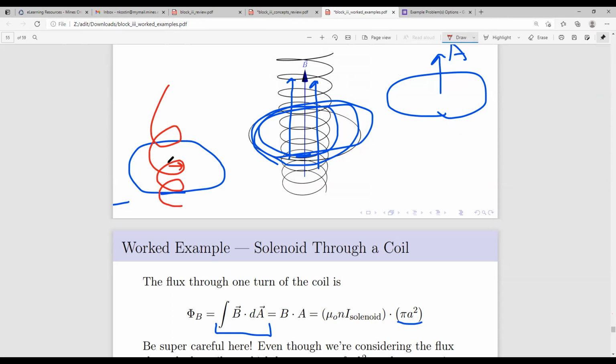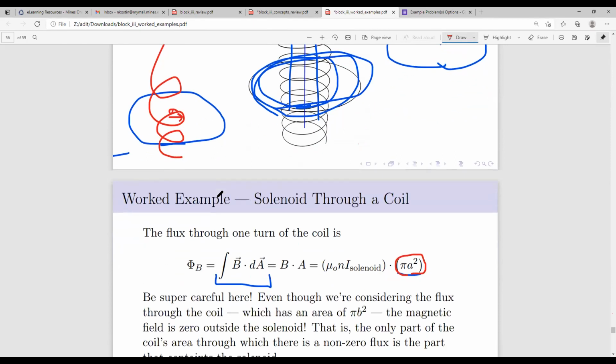I guess it's the area of the solenoid, the cross-sectional area of the solenoid, and the solenoid had radius A. So the area that I care about is pi A squared, even though the area of the coil is pi B squared. That's definitely a touchy point, so don't hesitate to post a question if that didn't make sense.